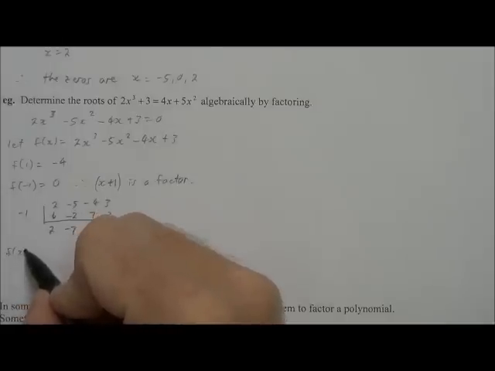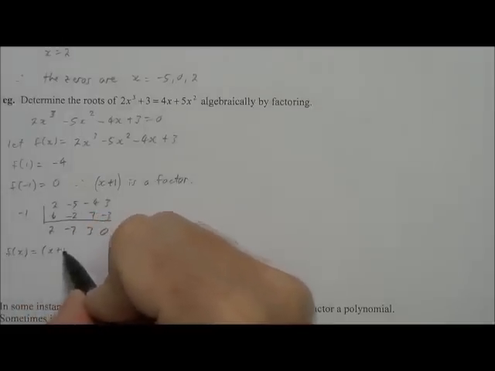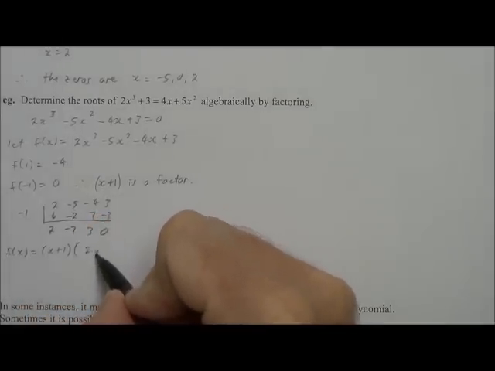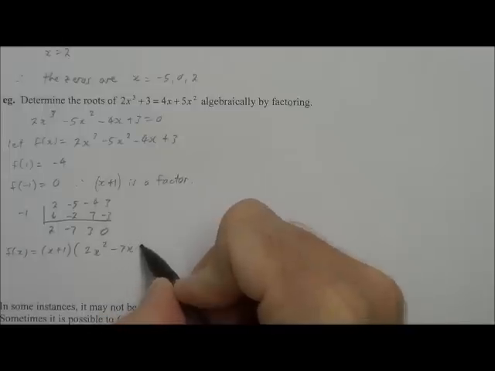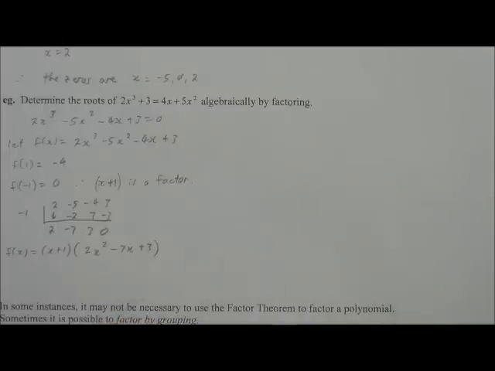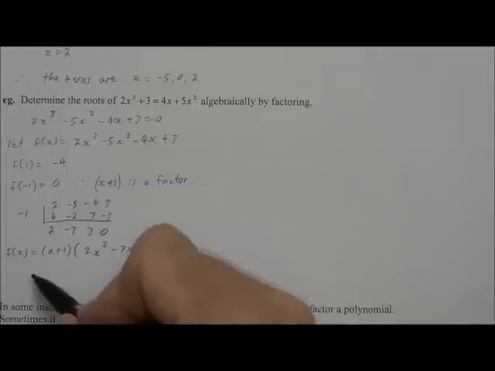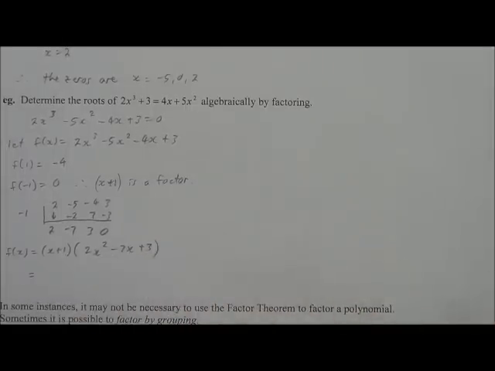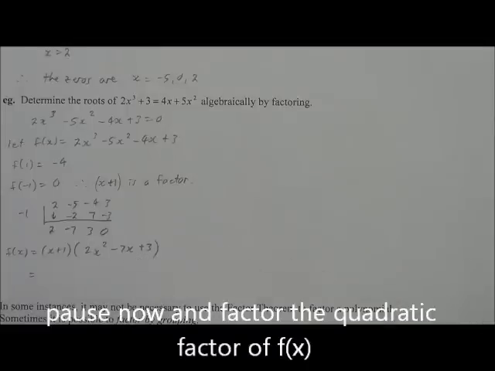So now f of x equals x plus 1, 2x squared minus 7x plus 3. And then we take a look at this, and we can factor that. We can use sum across products or decomposition, however you like. So please factor this quadratic, 2x squared minus 7x plus 3, and come back to check your results.